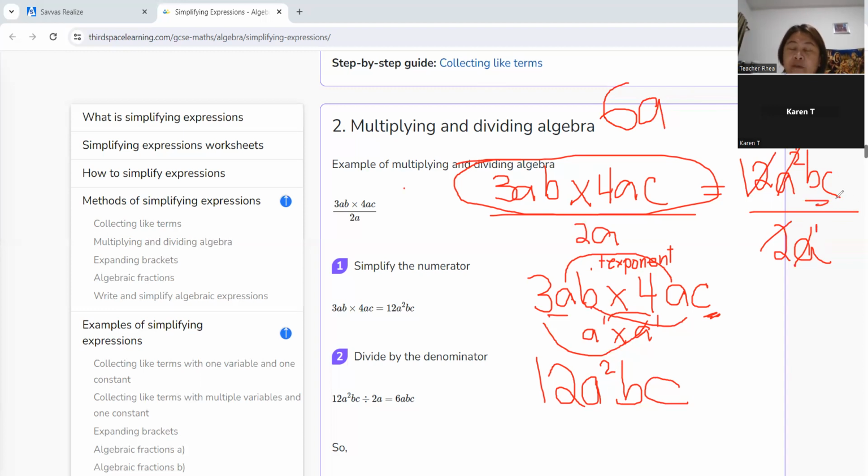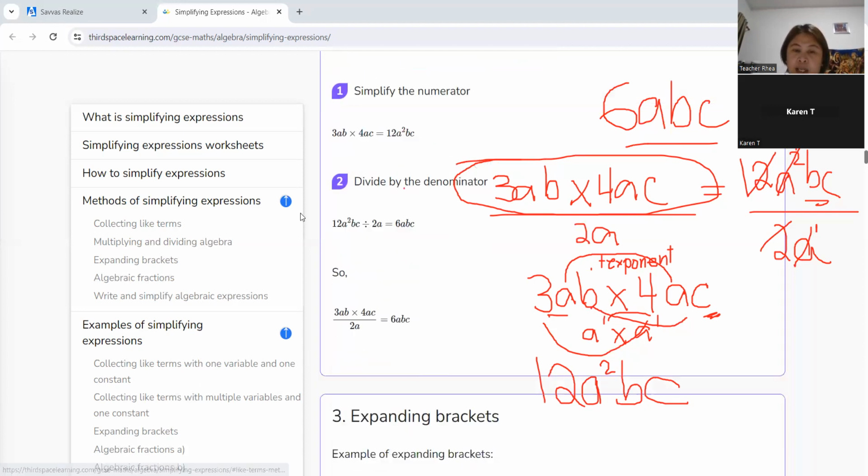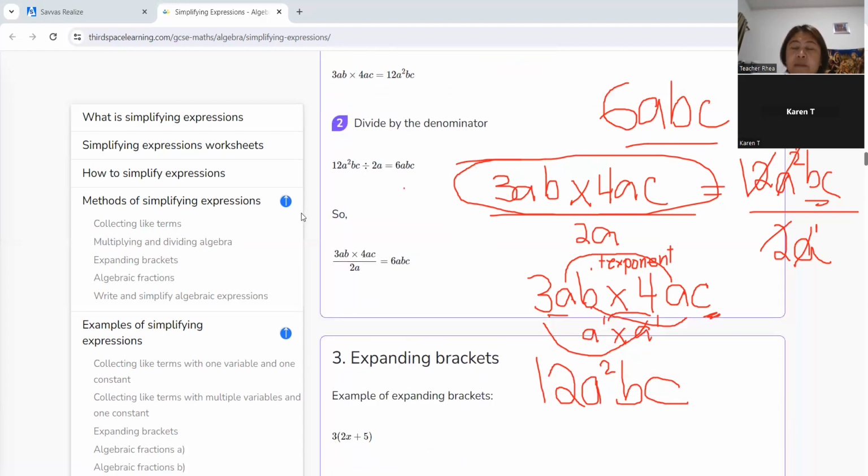You don't have variables b and c in the denominator, so you just copy b and c. So 6abc is now your simplified form of the algebraic expression, the simplest form of 3ab times 4ac over 2a.